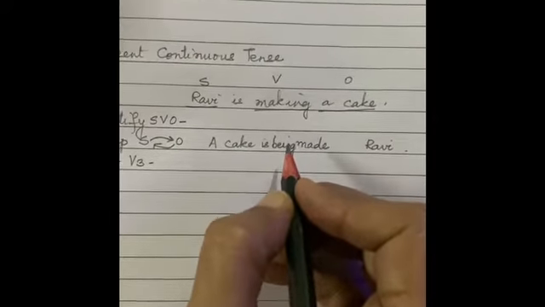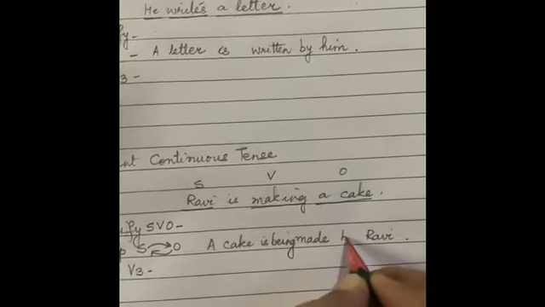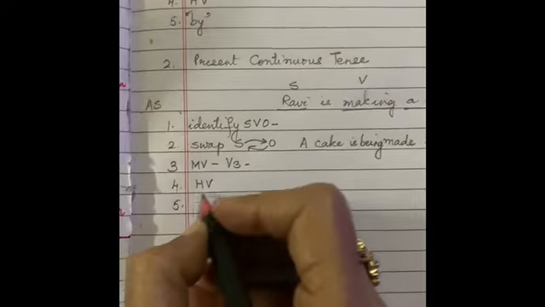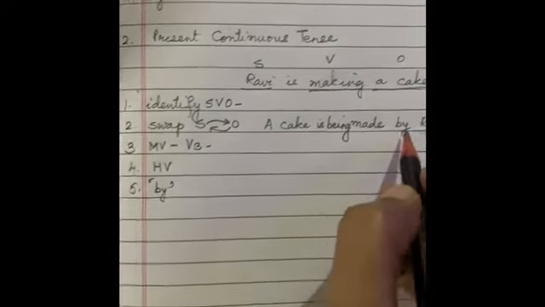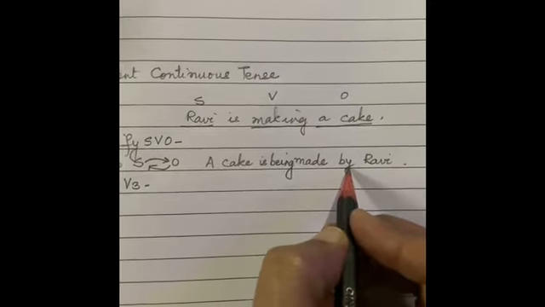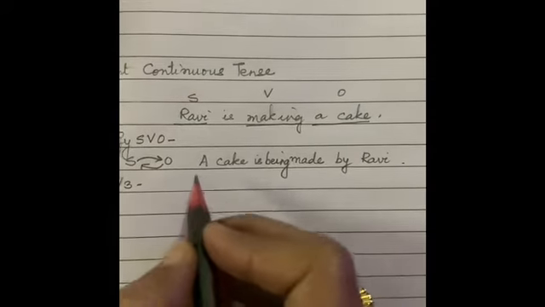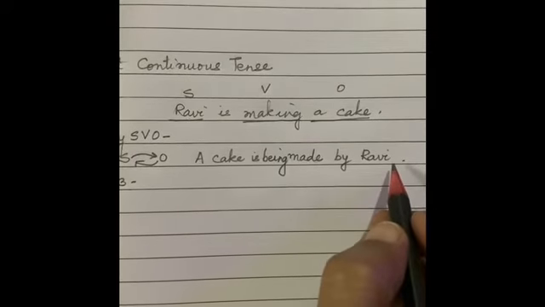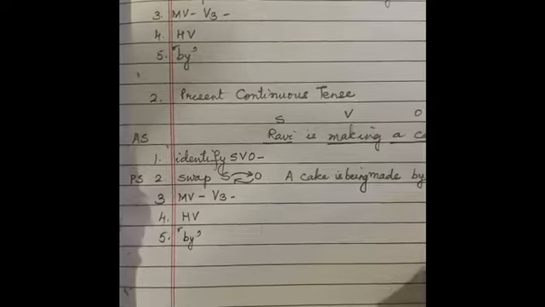Now lastly, to make the sentence complete, we attach by. Fifth step is of adding by, preposition by. So we have written it here. So final passive voice sentence is a cake is being made by Ravi. Fine. This is the passive sentence.